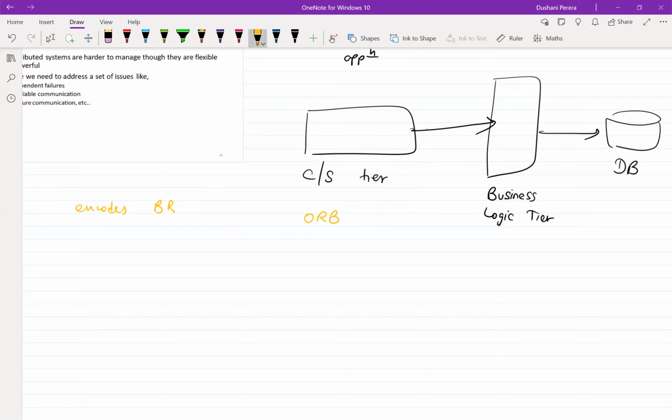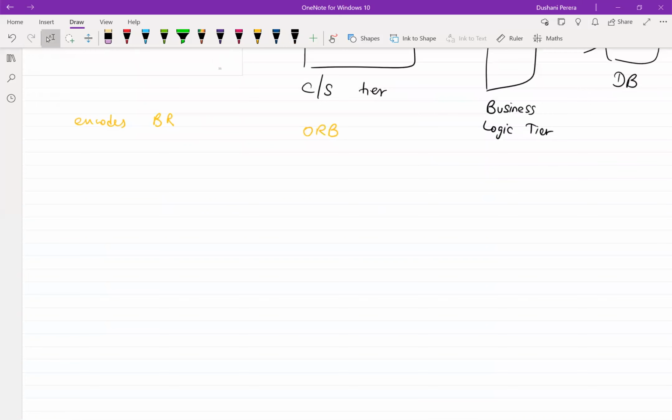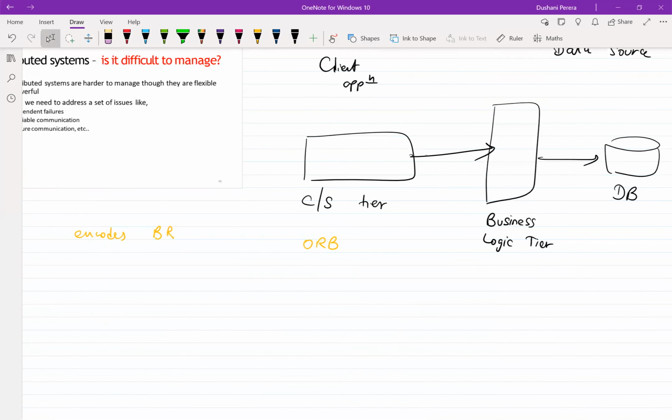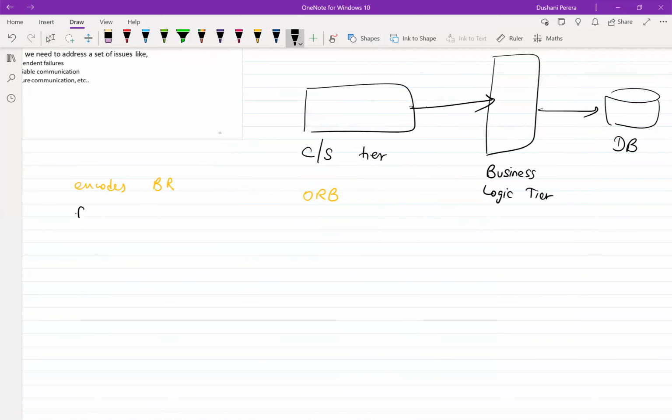Okay, and another thing is that it handles flexibility and communication. So those are two things that are handled by the ORB, which is also a type of middleware.